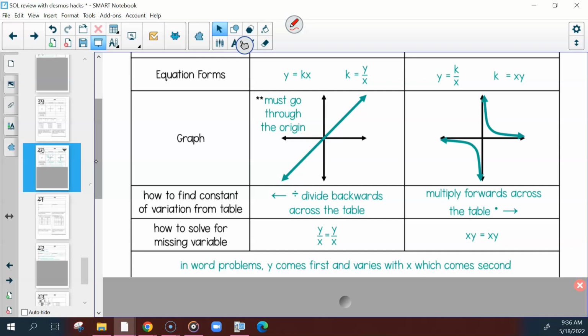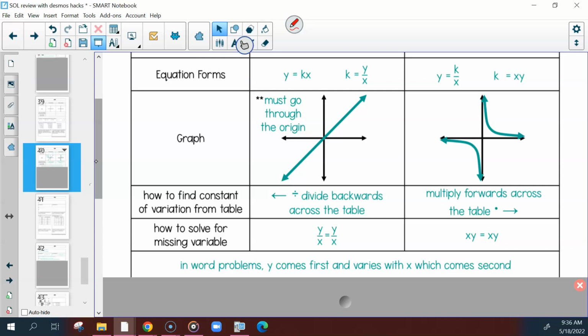To find the constant from a table, it says divide backwards across, but really you're just dividing y by x for every single pair in the table or ordered pair, whatever it gives you. And then how to solve for the missing variable: this does work, but for us in class, we would find our k value by doing y over x, and then put the values back in to find your missing y or x.